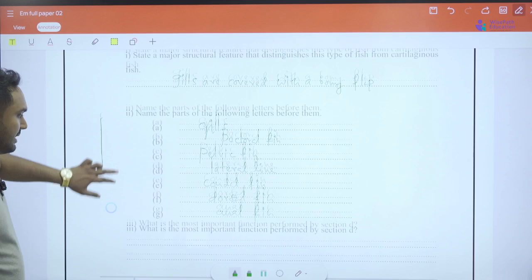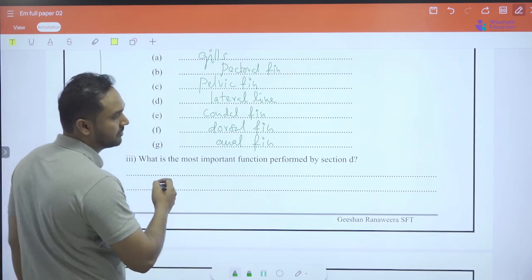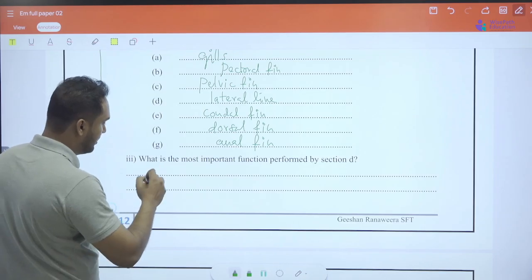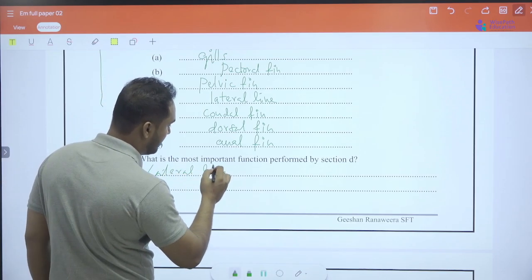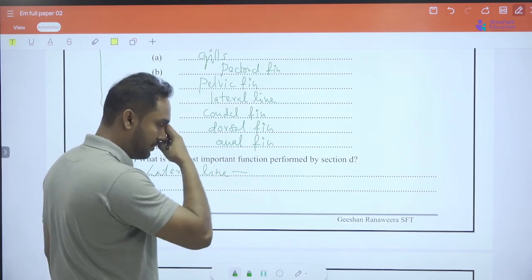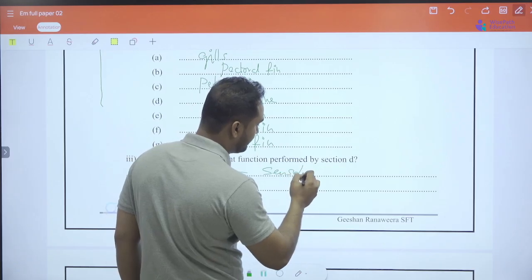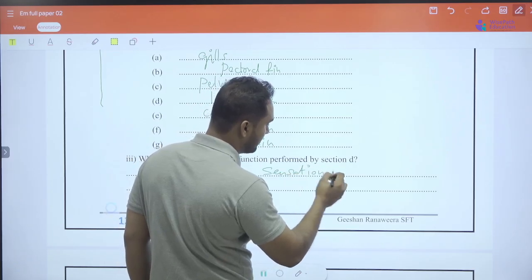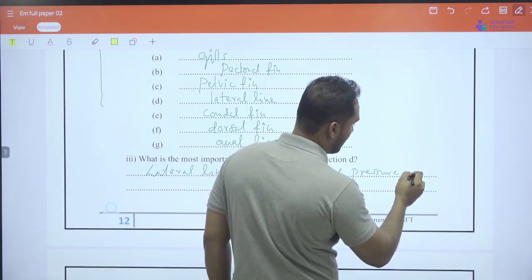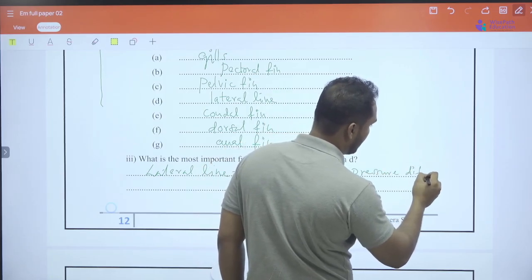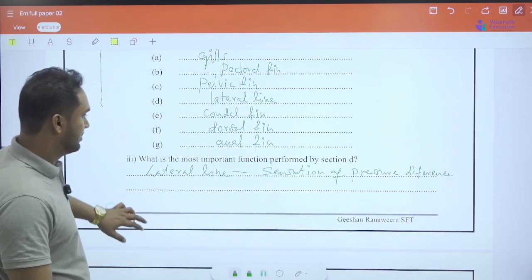The most important function performed by section D, that is the lateral line, is the sensation of pressure difference.